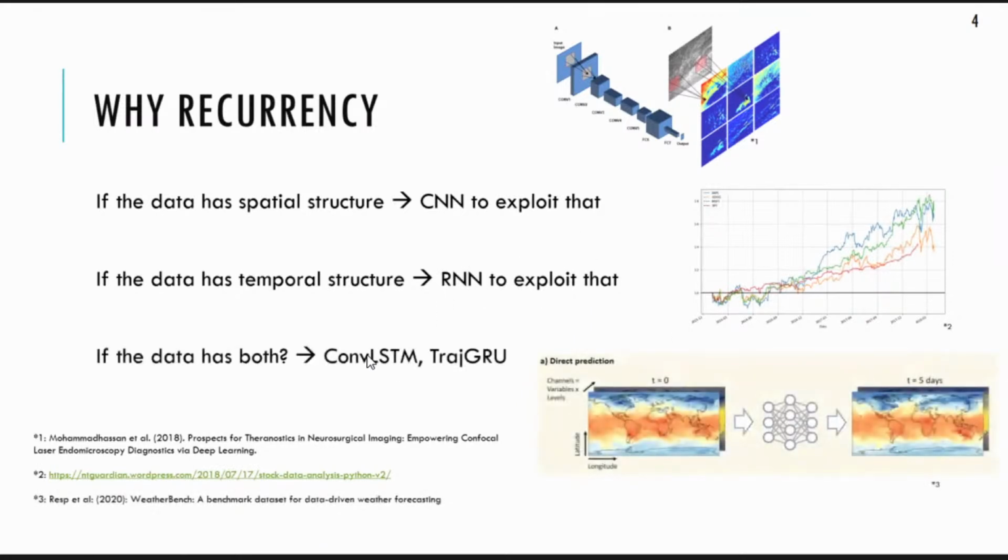And these are especially the ConvLSTMs and the trajectory LSTMs, or trajectory gated recurrent units. Especially when we deal with meteorological or oceanographic data, we have these fields which have spatial information, but they vary over time, like a video. So we really want to exploit both the spatial and the temporal structure. And ConvLSTMs and trajectory gated recurrent units really excel at that.